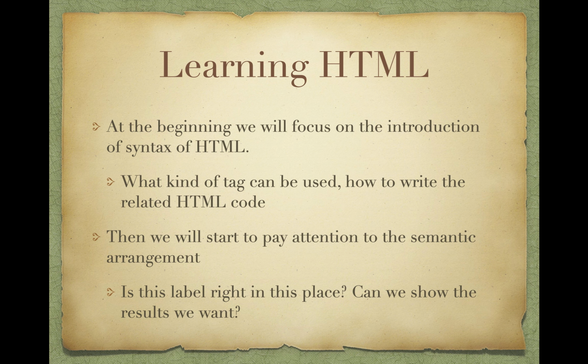In the second step, we will think: is the label here correct? The sequence of these labels, and maybe how to change the layout. Okay, how to use the semantics, because HTML5 uses some semantic tags to organize our layout. So we will show you how to use the semantic tags to organize our web page.